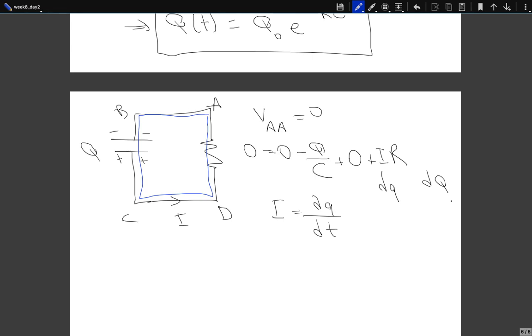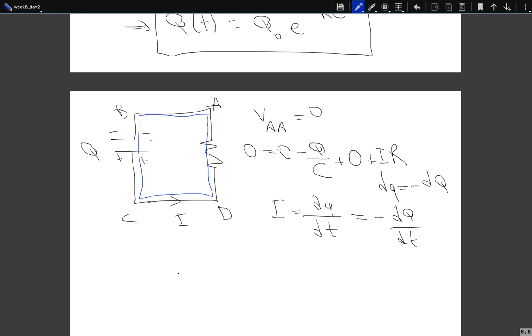So the change in the charge in the capacitor is negative if this is positive. So I have to put a minus sign there. So the current is minus the rate of change of the charge in the capacitor.